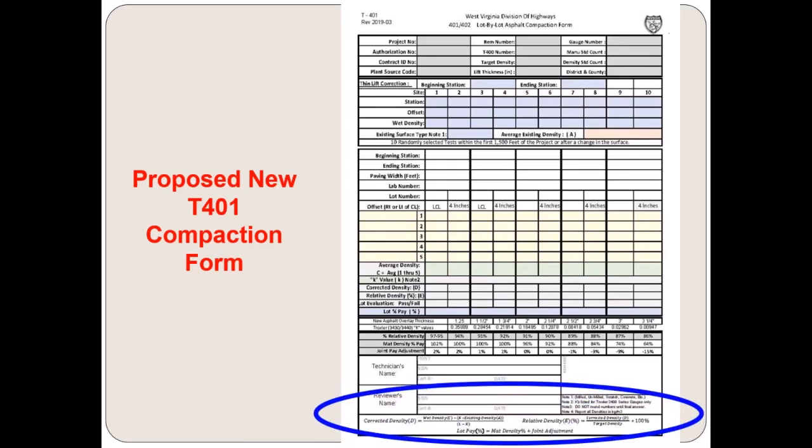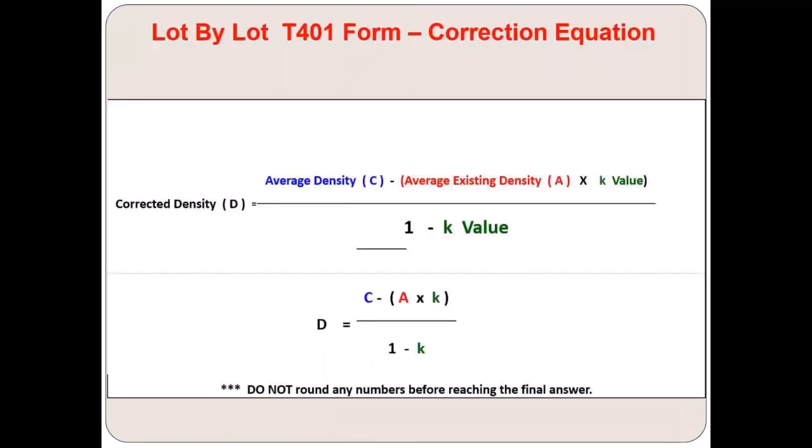And our form, at the bottom of the form, has our equations in there as well. This is what the equation looks like. Your corrected density is your average density of your new mat minus your existing density multiplied by the K value, and it's divided by 1 minus your K value.